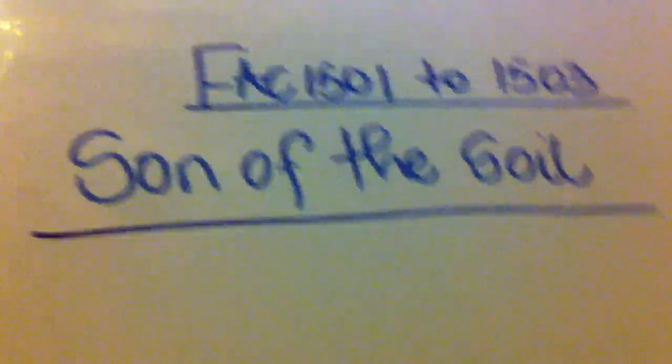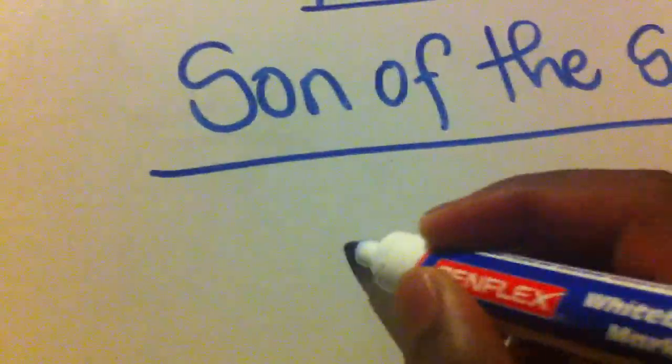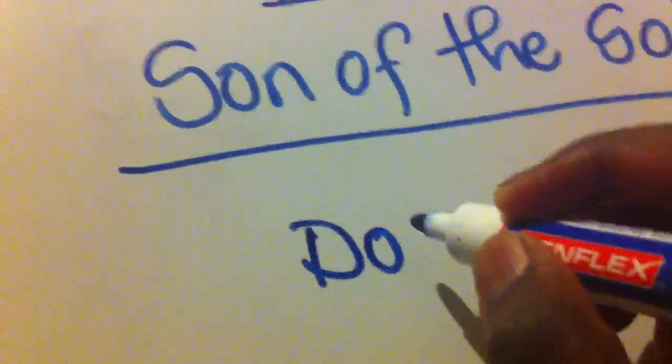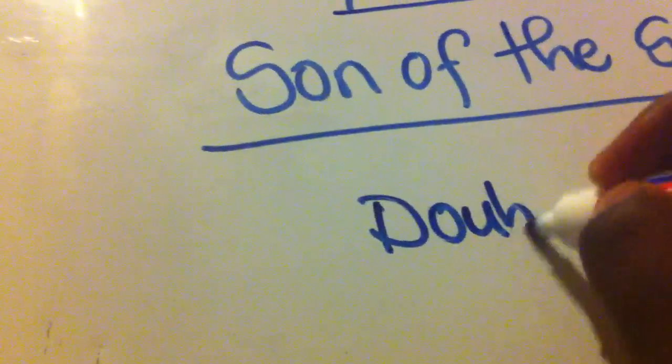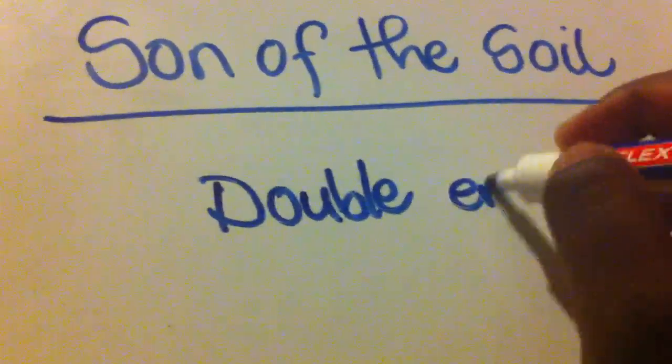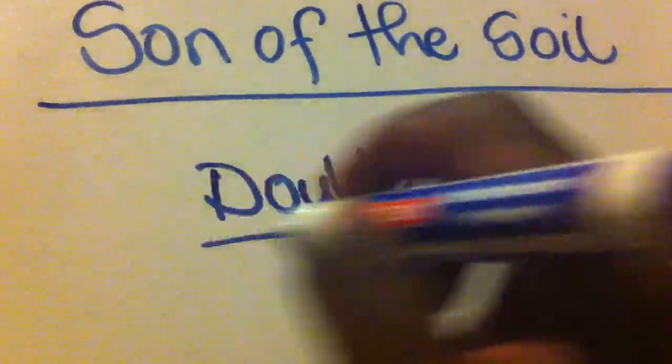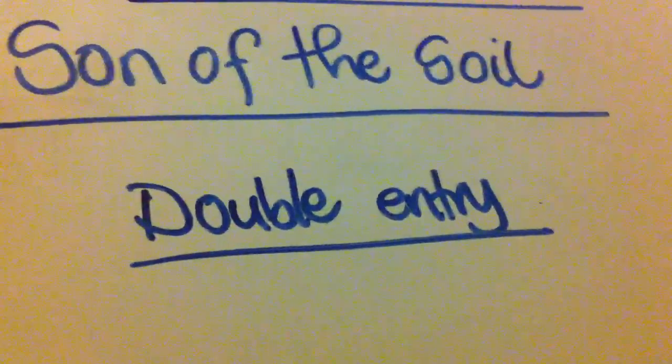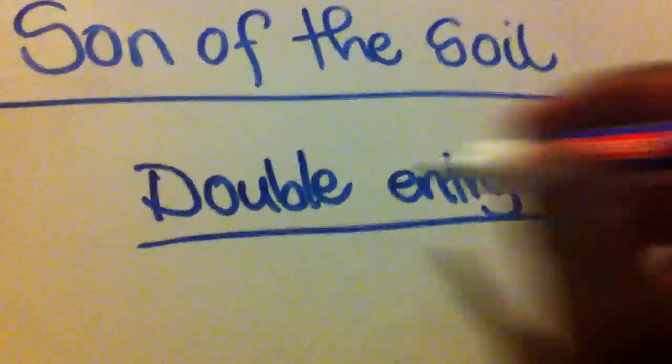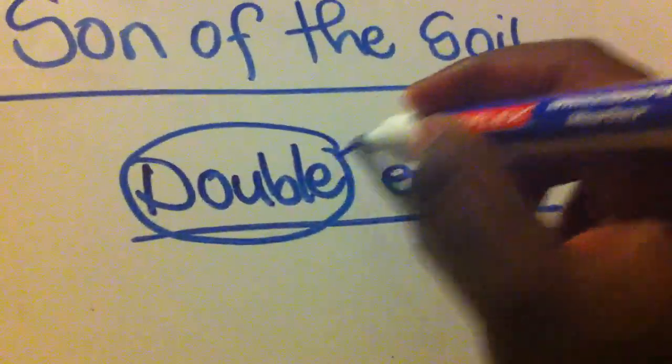The first principle that I need to discuss is called double entry. The word double means two.